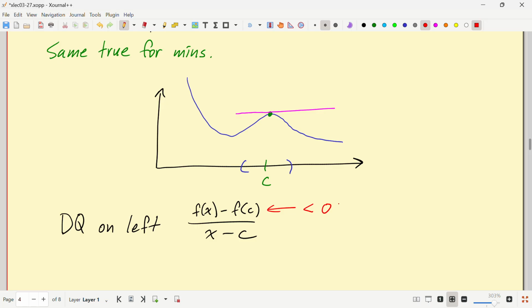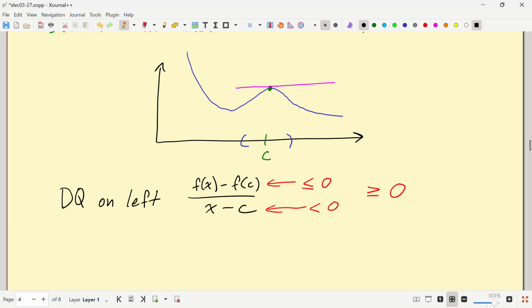And x on the left, x minus c would also be negative. So the denominator is also negative. And so the numerator is less than or equal to 0. My orange thing showed you that it could be equal to 0 at lots of spots. So less than or equal to 0 divided by less than 0 is greater than or equal to 0.